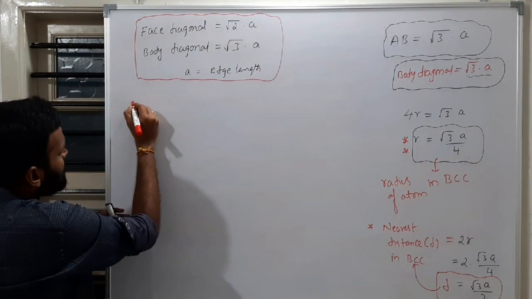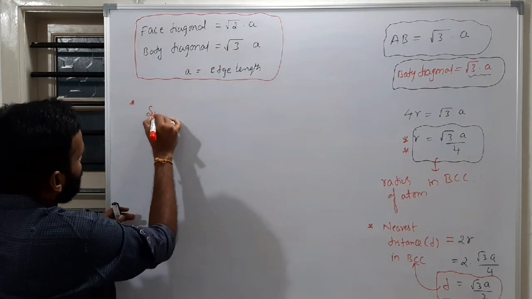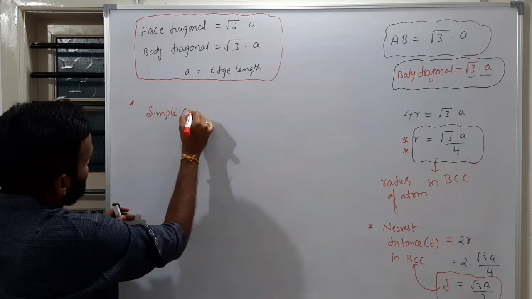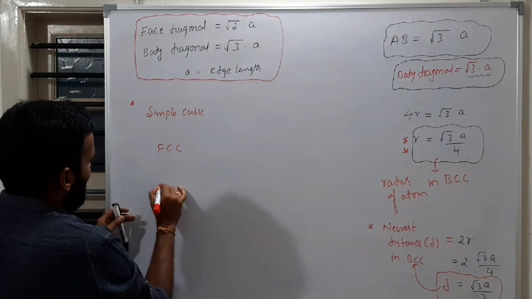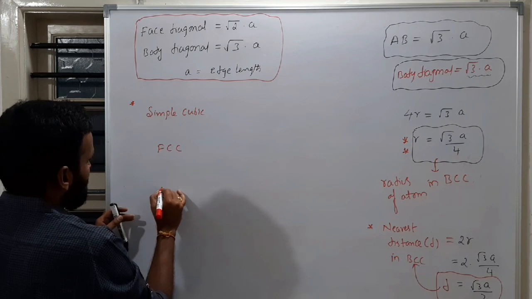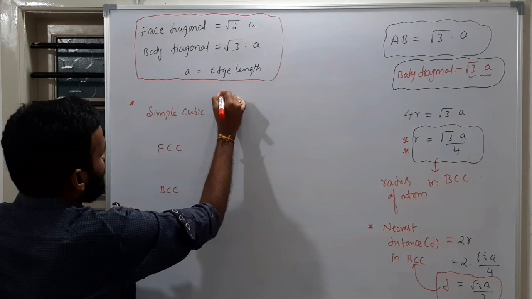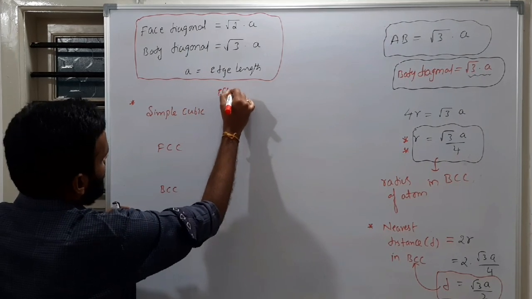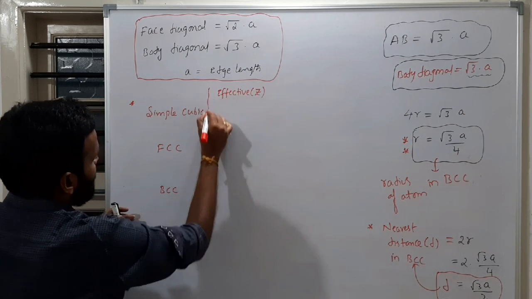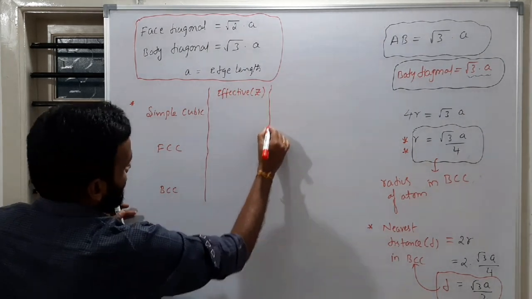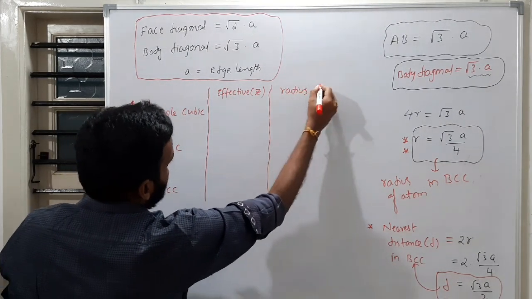Now all formulas for simple cubic, FCC and BCC. Okay, for BCC, how many effective number of atoms? Effective number of atoms I represent with Z. And what is the radius?